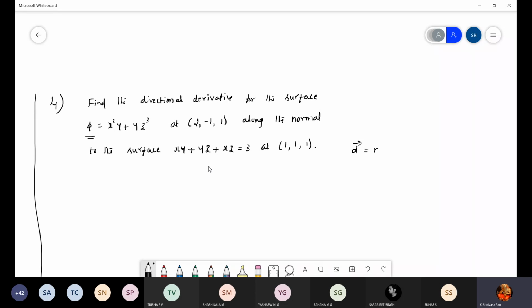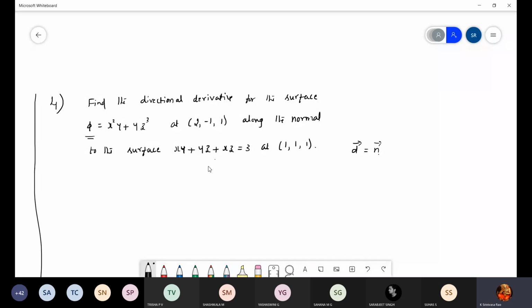Normal is nothing but vector n. What is the formula to calculate a normal vector? Yesterday we solved it. Grad phi only.